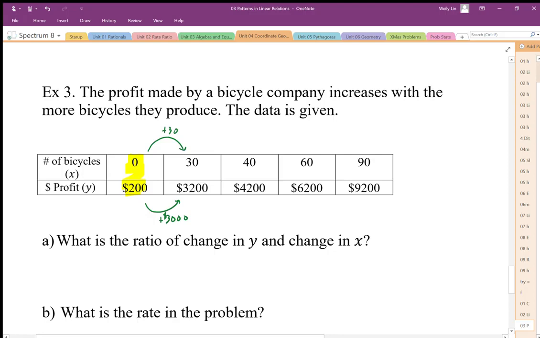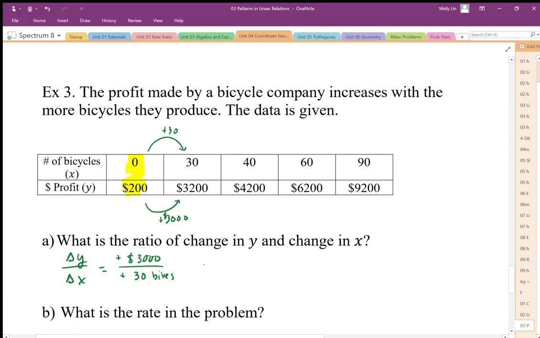That looks like about $100 a bike. I'm going to write this as a ratio of change: the change in Y compared to the change in X. We're going to write this as $3,000 that goes up for every 30 bikes that are produced.